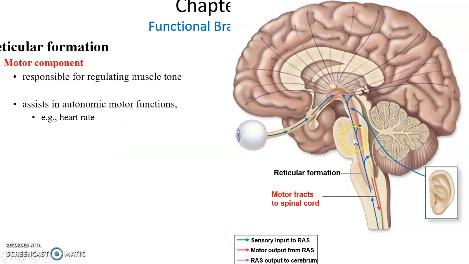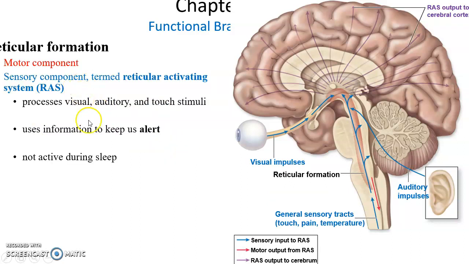It has a motor component, so it helps to regulate muscle tone in various skeletal muscles and also assists in autonomic motor functions such as heart rate. And it has a sensory component, often called the reticular activating system. This sensory component helps to process visual, auditory, and touch stimuli and helps to also keep us alert.